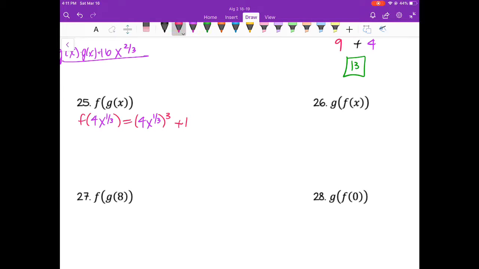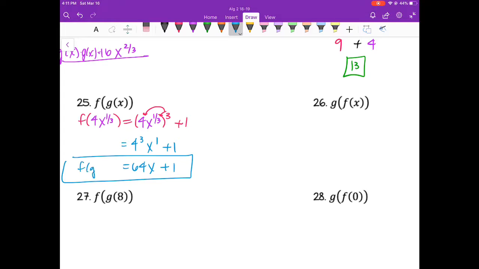The first thing I need to do is I need to distribute that exponent. So I'll have 4 cubed x to the, this time around we're multiplying exponents. Now I get x to the first plus 1. 4 cubed is 64. X to the first we just call x plus 1. F of g of x.